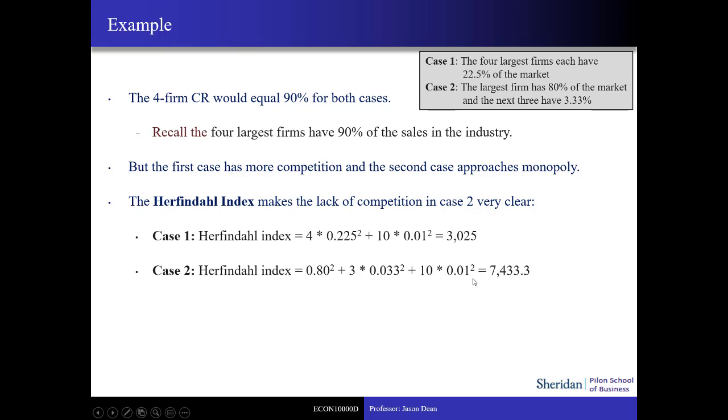If we do that, we end up getting 7,433.3. Just to mention, I think when I calculated these, I used 80 instead of 0.8, but I think you get the point.